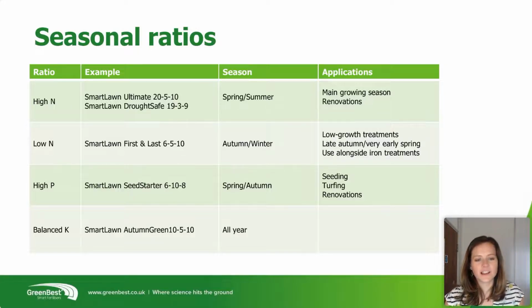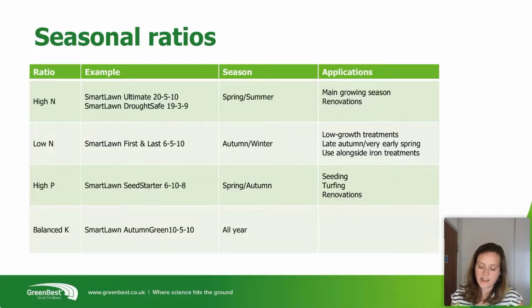High nitrogen fertilizers are for the main growing season, and also for renovations. Once you've done the scarifications, etc., renovating a lawn, you want to get that grass growing really well, so you want high nitrogen. As a bit of advice, if you're going for a high nitrogen fertilizer, we're talking about 18% to 22% nitrogen.